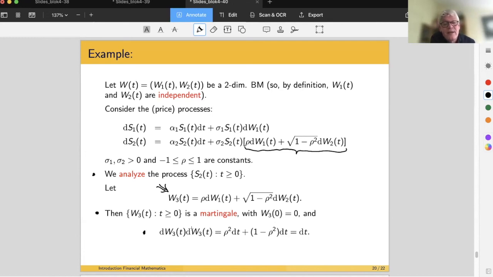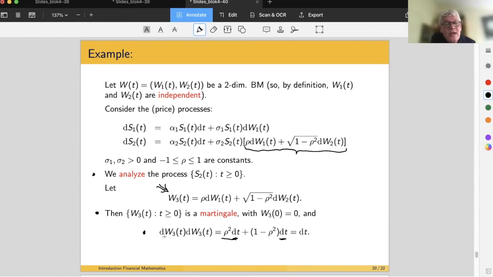dW3_t, if we multiply this by itself, we get the first one squared, so that's rho squared dW1_t dW1_t, which is dt. That is the first term, and the mixed term will disappear because these are independent, as you recall. And then the second one gives us 1 minus rho squared, and dW2_t dW2_t gives us dt.